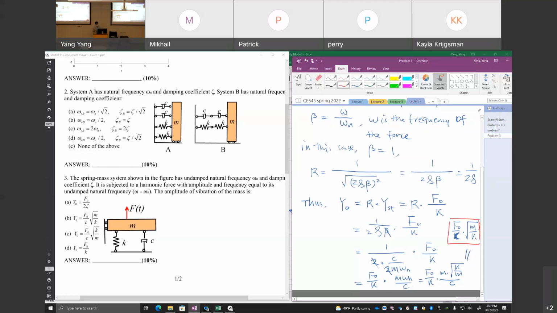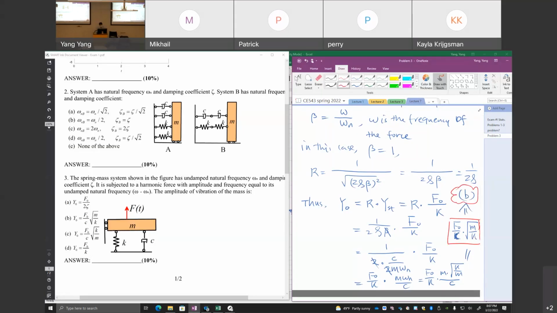So this is the final answer. It should be B, actually B. A little bit of derivation over here.